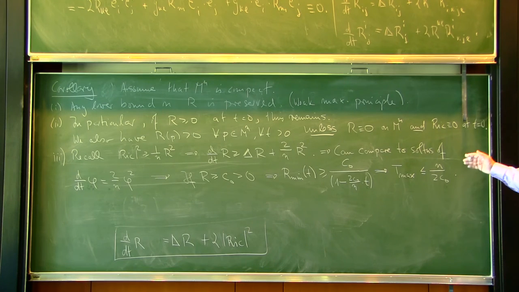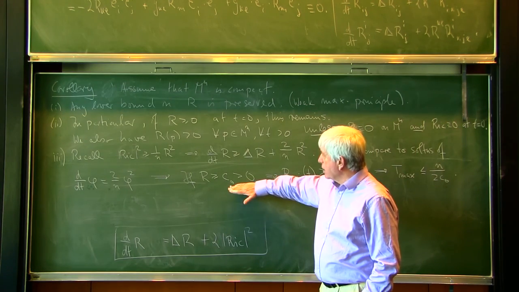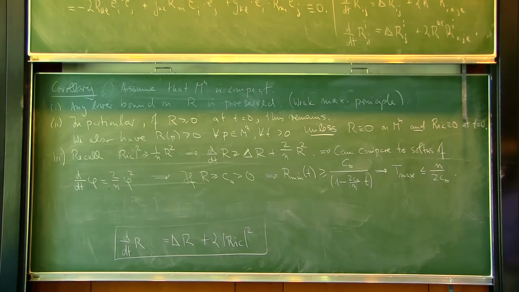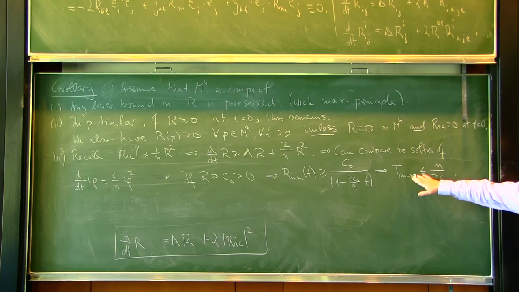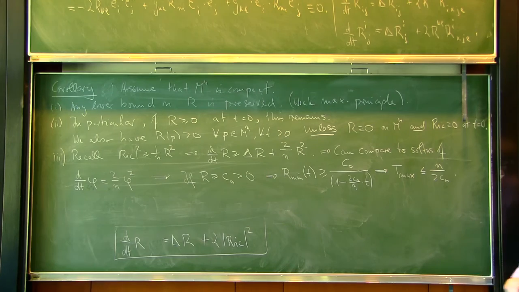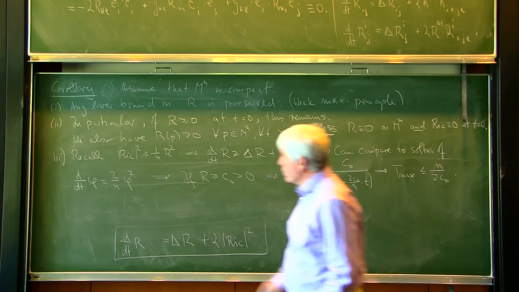So we have a first singularity criterion. If on the initial compact manifold the scalar curvature is uniformly positive, then the solution of Ricci flow can exist at most for a finite time. And of course you see from here also equality holds exactly in the case where we have constant scalar curvature, which was our example for Einstein manifolds.